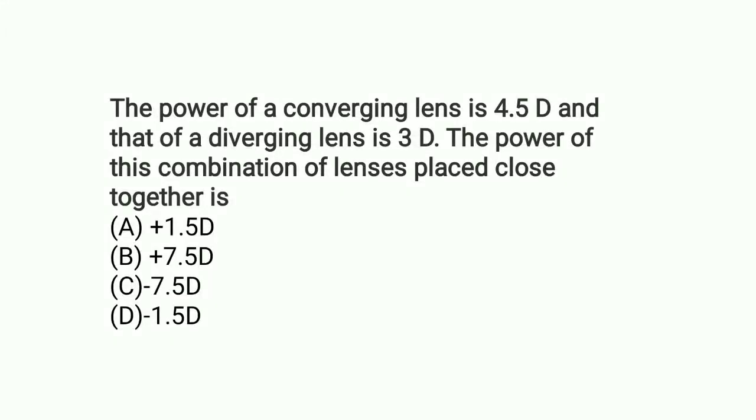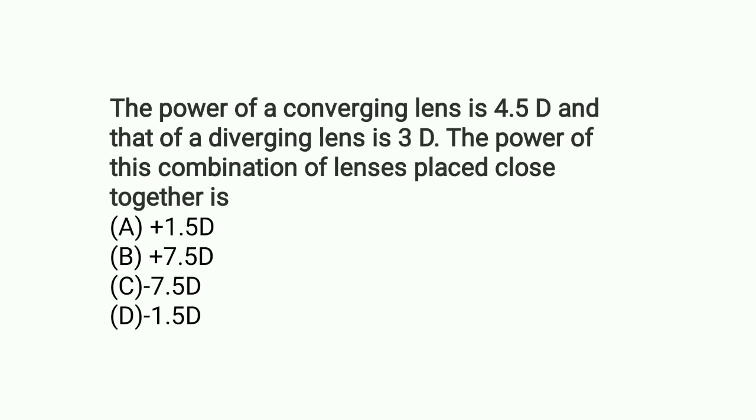Next question. The power of a converging lens is 4.5 diopter, and that of a diverging lens is 3 diopter. The power of this combination of lenses placed close together is? Here also we follow the same method to solve this one.